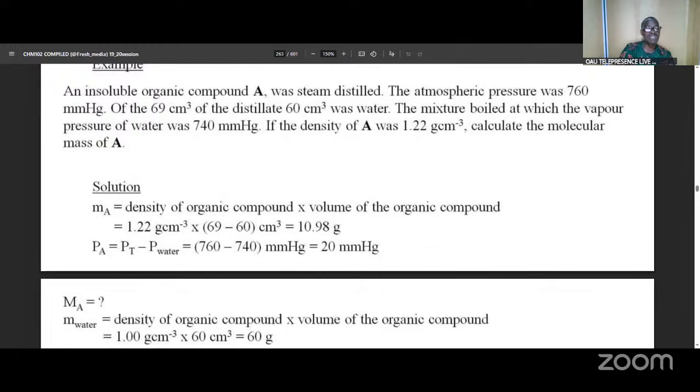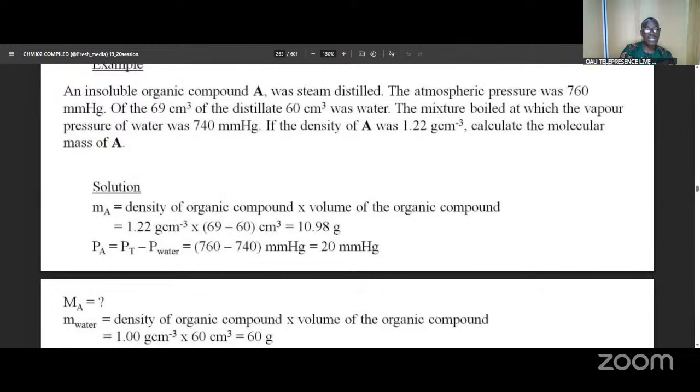So we have 9 centimeter cube. If you multiply it with 1.22 gram per cm cube, you have 10.98 gram. That's the mass of the organic compound of interest. And the vapor pressure of the organic compound can also be obtained. That would be total vapor pressure minus the vapor pressure of water, which was 740.